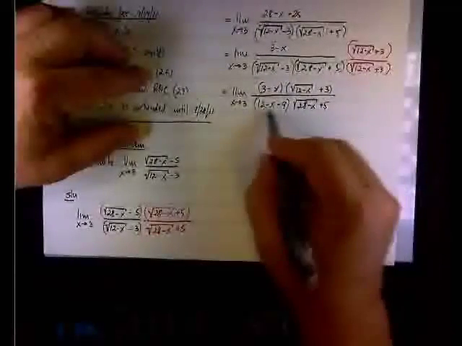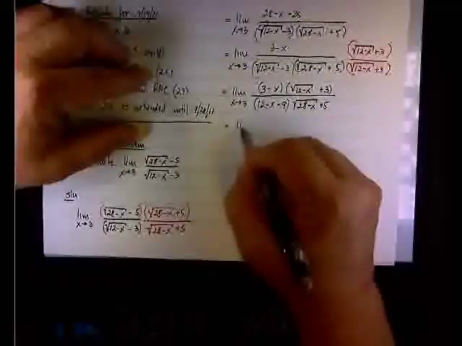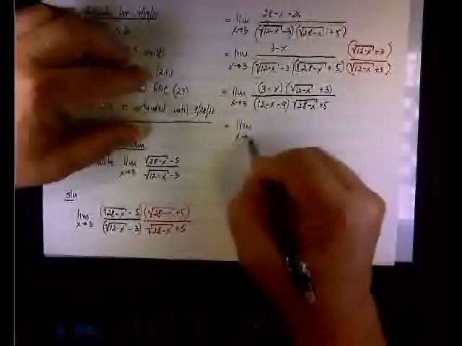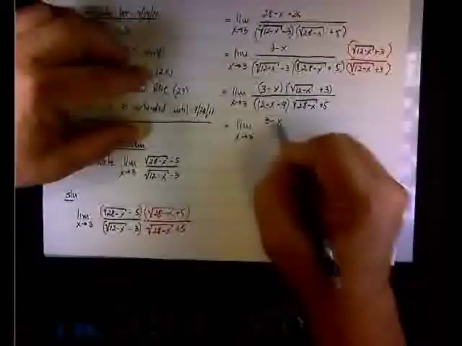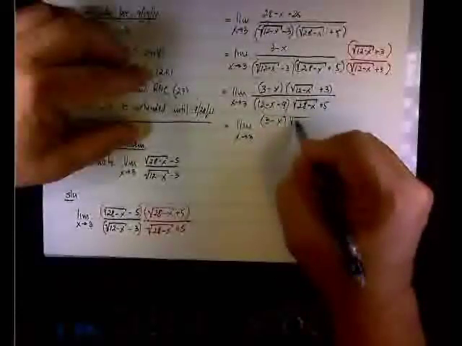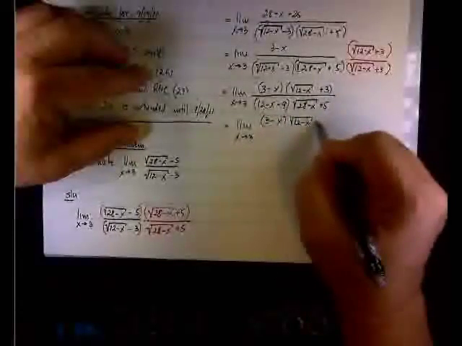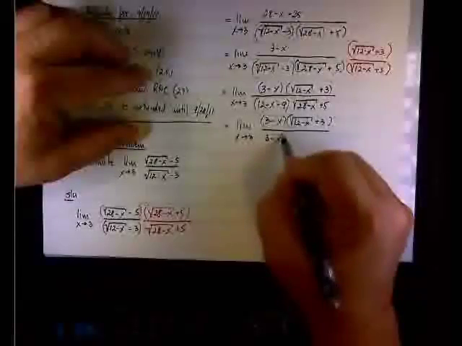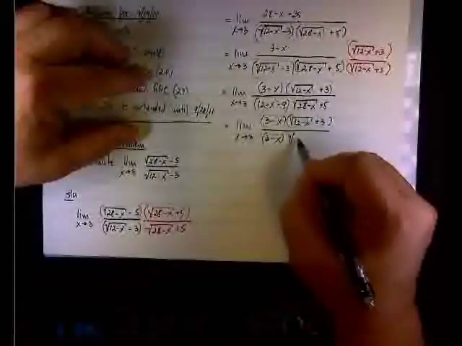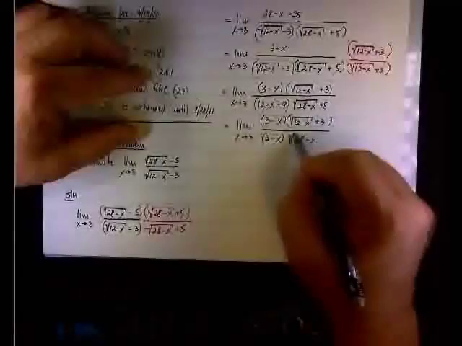Now this, if you look at it again, it will be 3 minus 6 times the radical plus 3 over 3 minus 6 times this radical plus 5.